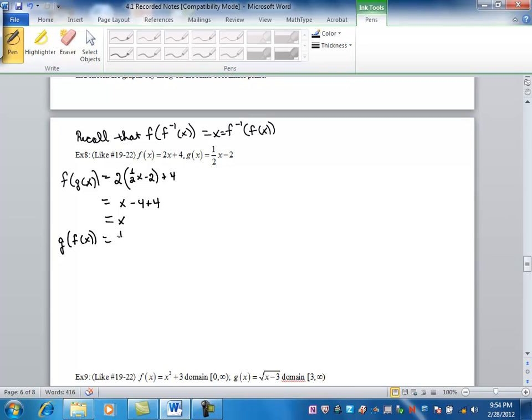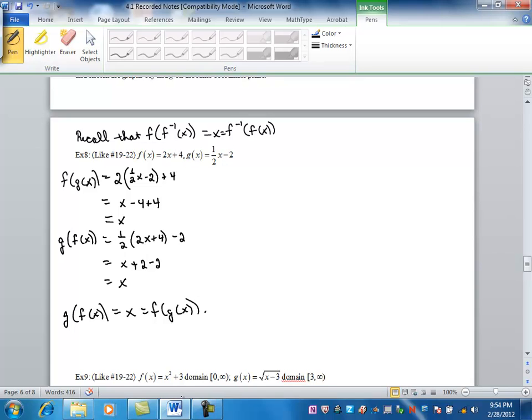So now we're going to take 1/2 times 2x plus 4 minus 2, this gives me x plus 2 minus 2, this gives me x. So what we've just shown here, that g of f of x equals x, which is equal to f of g of x. Alright?